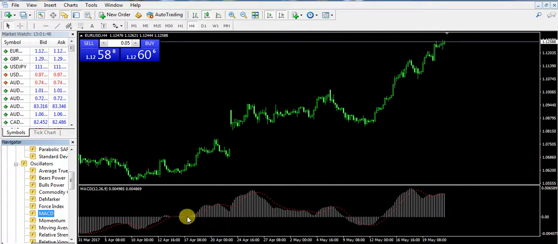And we will point out the crossover areas where the bars crossed over the zero line, either into the negative or into the positive.